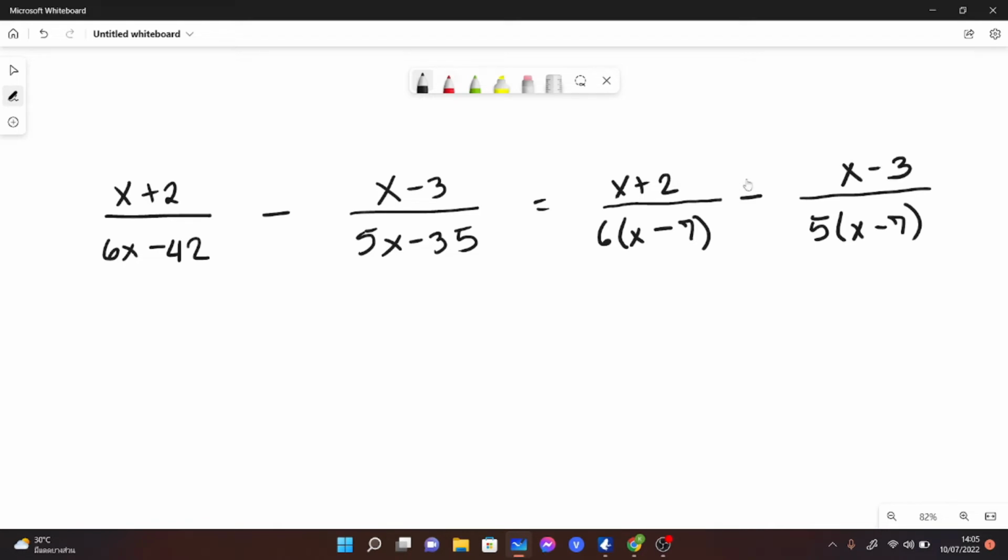Okay, so what's the next one? Observe that the second term has 5 and the first term has 6. So we can multiply this by 5 over 5, and the other one by 6 over 6.